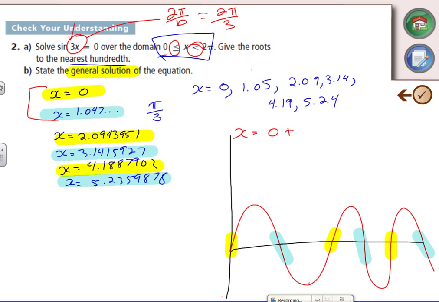Define your n as the set of the integers. Well, you know what? We don't need to say 0 plus. We'll just say 2n pi over 3, n an integer. And the second one, the blue ones, is 1.05 plus the same period, 2n pi over 3, n an integer. Yellow ones, blue ones.